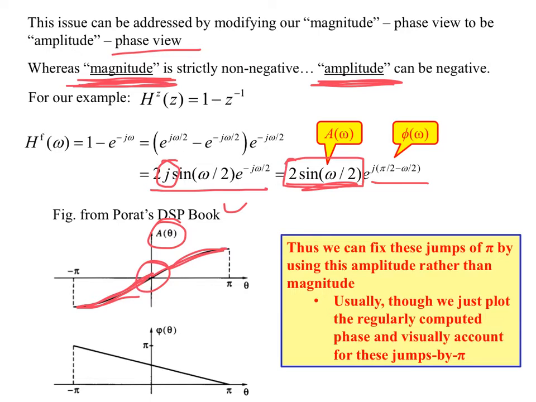But now, once we account for that, we end up with a plot that looks like this, and we can see that yes, indeed, this does have a linear shape to it, and so we can declare that this is a linear phase filter because its phase follows a straight line, with the phase being defined in terms of this amplitude phase view.